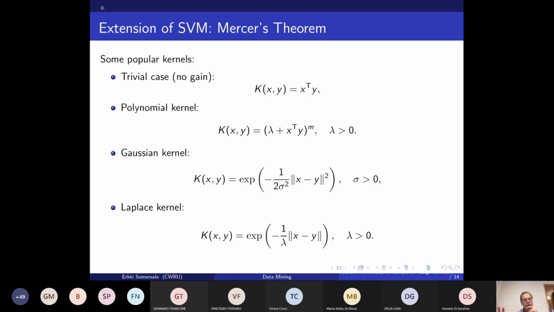So in choosing these kernel functions, you have to choose the width of the kernel function. That means how far away points are interacting. Choosing the kernel function, you're basically saying that if you have far away points, their inner product in this feature space is going to be 0.